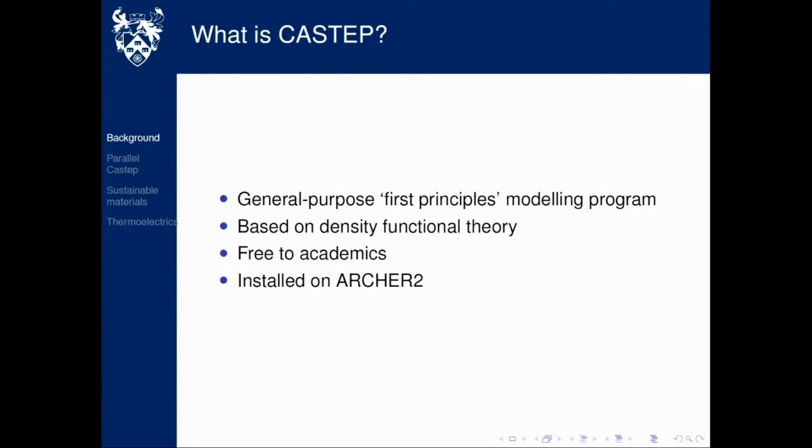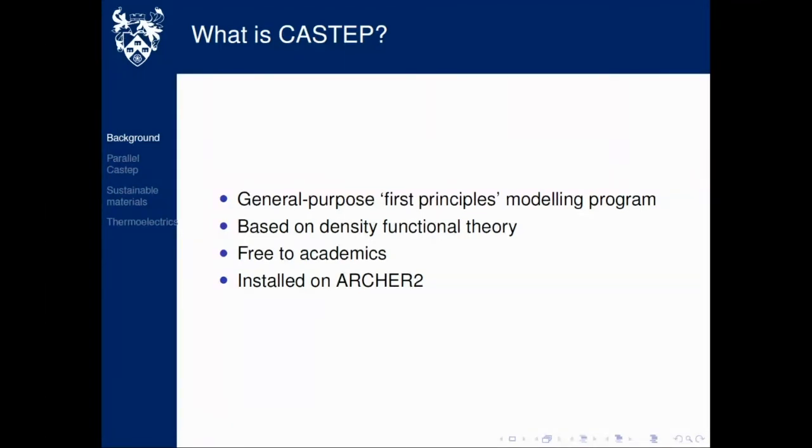So I'm going to give you a little introduction to CASTEP, a little introduction to what it's really doing, the computational aspects, and show you some performance figures, a sample application, and then we'll finish. It's probably not enough physics or chemistry for those of you who are scientists, and not enough computing for those of you from a computing background, but feel free to use the discussion time and the questions to correct those shortcomings.